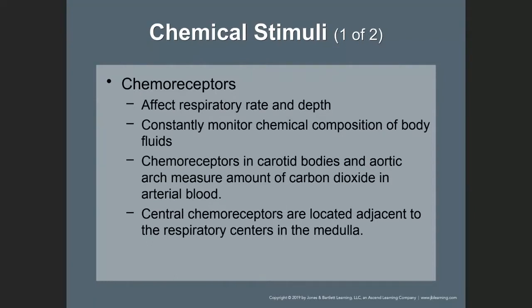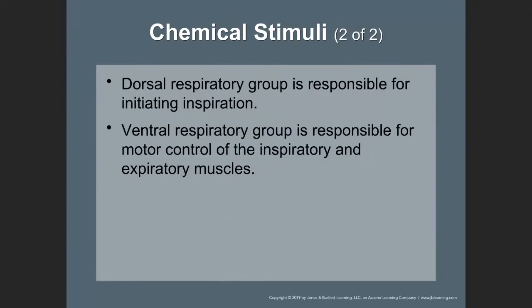So there are chemical receptors found in the carotid bodies and the arch of the aorta. And they respond to the amount of carbon dioxide in the arterial blood. The central chemoreceptors are located adjacent to the respiratory centers in the medulla.